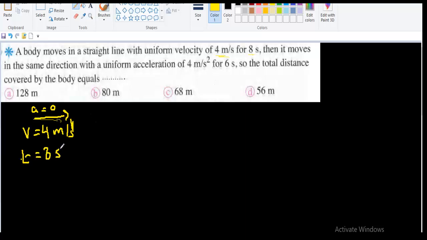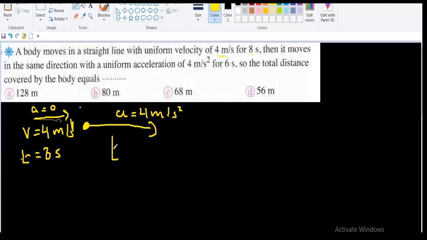You have to draw the problem. Then it moves in the same direction with uniform acceleration of 4 meters per second squared. So the initial velocity that we start with in the second period, when the body accelerates, will be 4 meters per second.